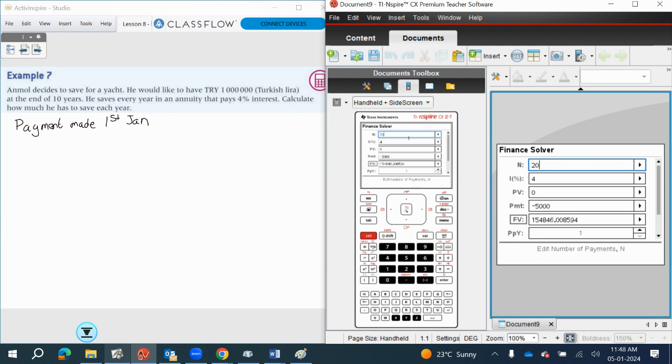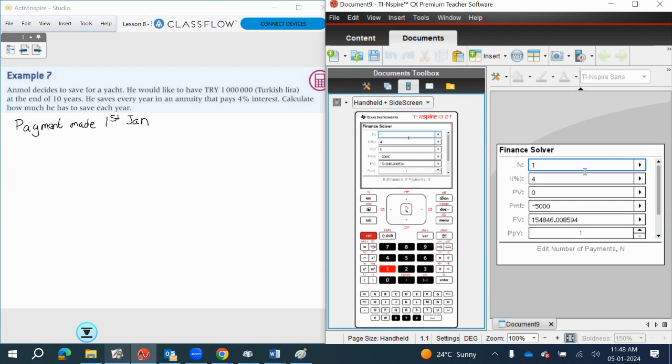If you're working with monthly payments, N is the number of payments. So in any question where you're using the finance solver, N is the number of years, but if you're making payments, make N the number of payments. So how many payments are we going to have? 10. It's also the number of years in this question.